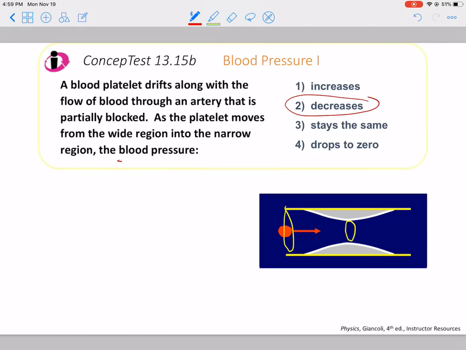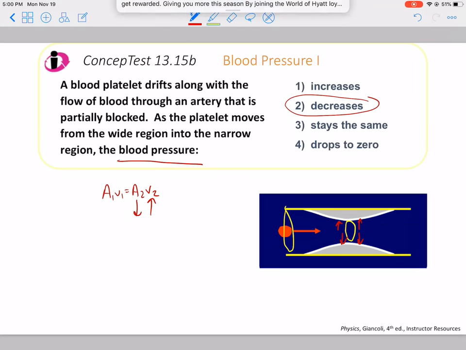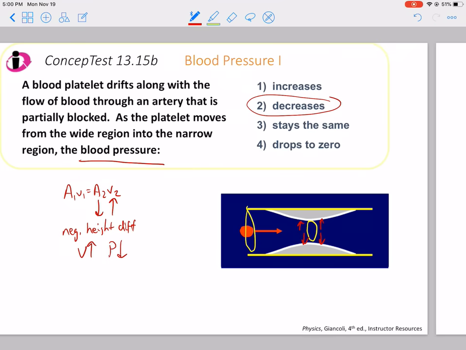Now, I don't know whether this blood pressure is the same as the one that we hear about medically, but if we're just talking about the pressure of the blood perpendicular to the walls of this artery, then if it speeds up because the area is restricted, you can use the continuity equation to say the velocity goes up. So A1 V1 equals A2 V2. The area goes down, velocity must go up. And then Bernoulli's equation, with the negligible height difference, says that as the velocity goes up, the pressure goes down.